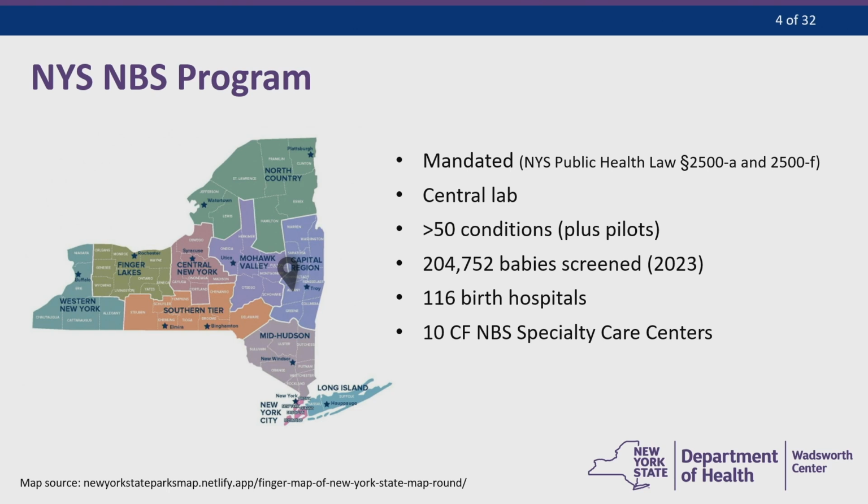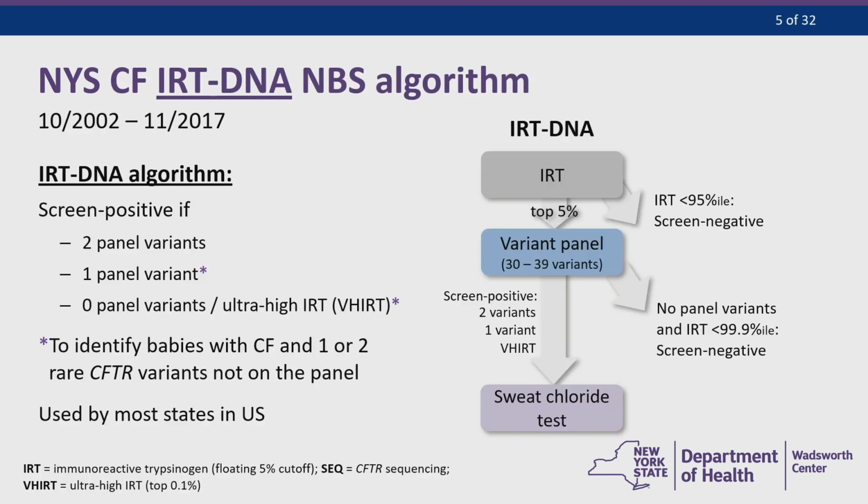We currently test for more than 50 conditions, plus we have a few pilot programs. We screened just under 205,000 babies in 2023, and our birth rate has drastically declined. We have 116 birth hospitals and 10 CF newborn screening specialty care centers, and we have a lot of representation from our care centers here today.